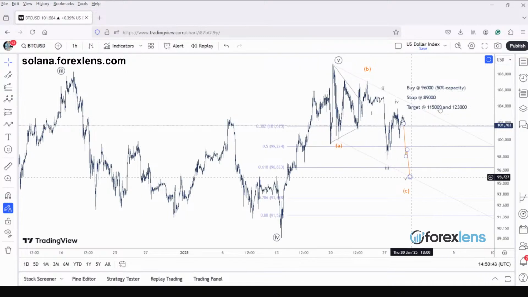Be prepared for a 96 touch and get long on the 50% capacity, please, because we've got risk at 89,000, about 7,000 points, and targeting around 115 and 123. So no change there. It's going to be interesting how the price action behaves during the noise.